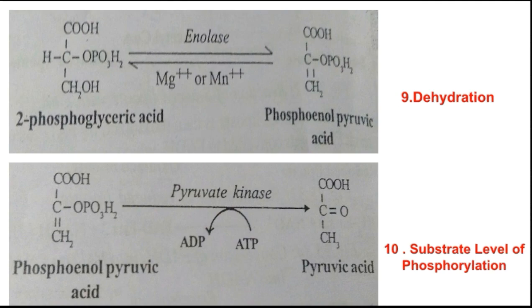After the dehydration, the ninth step, the last step is the substrate level phosphorylation, the 10th step. In the final step, there is a transfer of phosphate from phosphoenol pyruvic acid to ADP. Thus a molecule of ATP is directly synthesized and pyruvic acid is also formed.